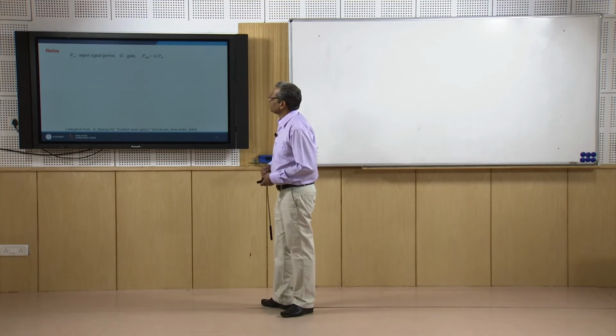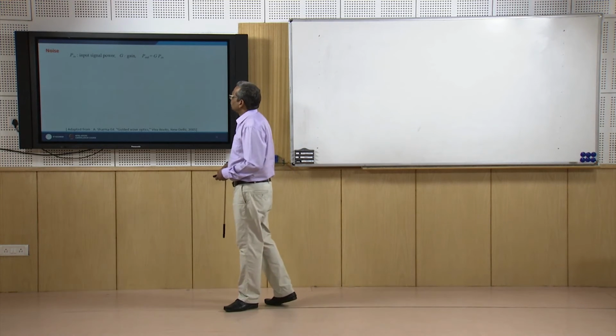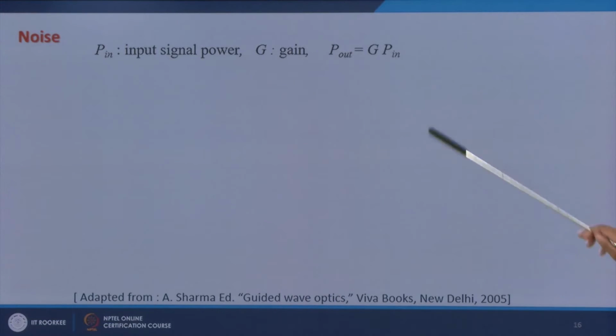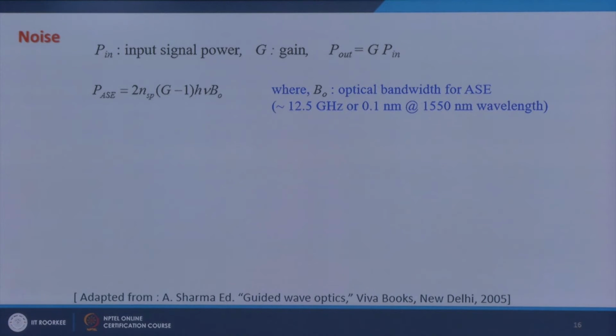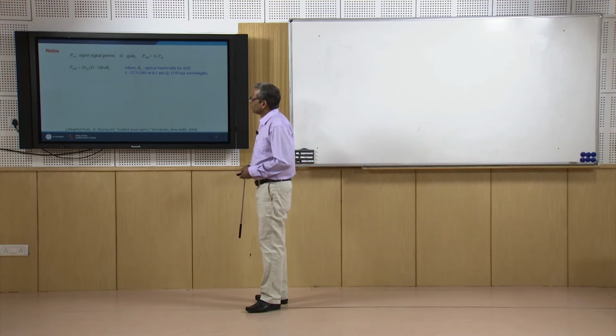For this, if P in is the input signal power and G is the gain of the amplifier, then P out is G times P in. Now, our spontaneous emission also gets amplified.